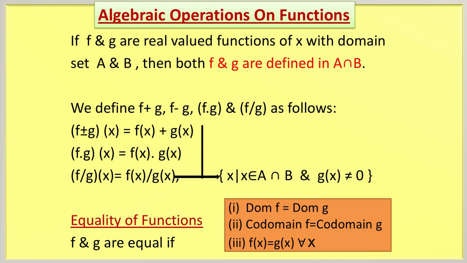But there is one condition: if the domain of the function f is A and the domain of the function g is B, then the domain of f plus g, f minus g, fg and f by g should be A intersection B.